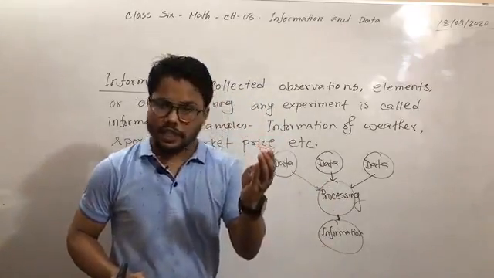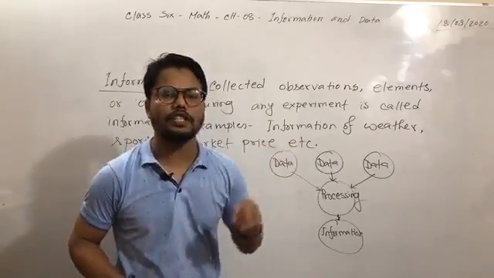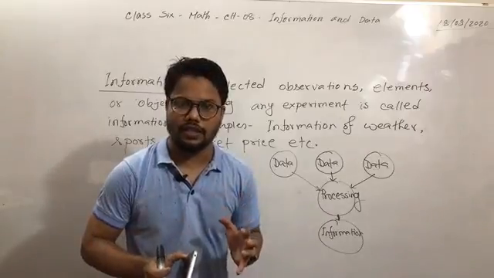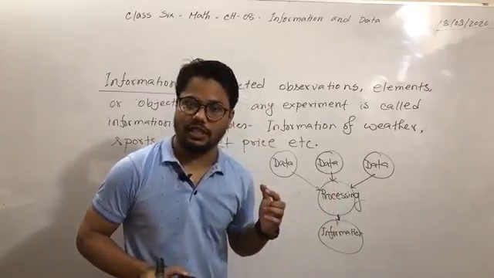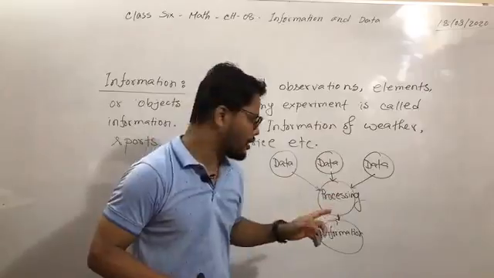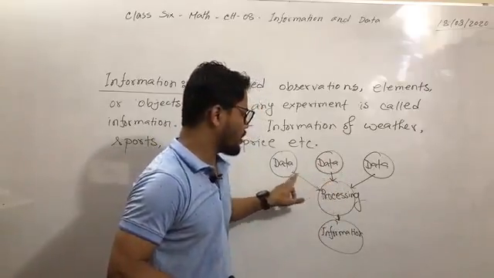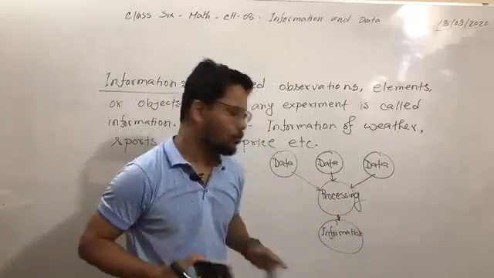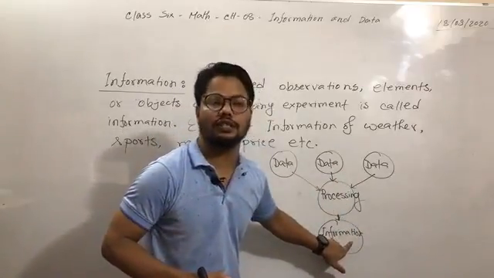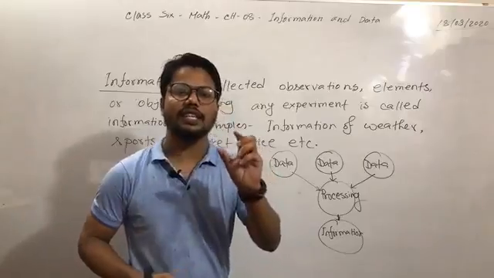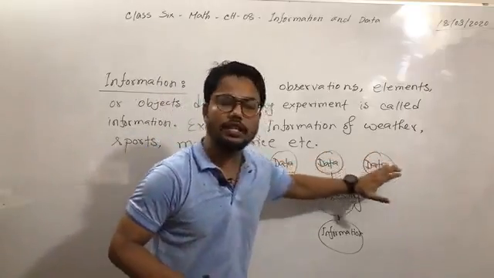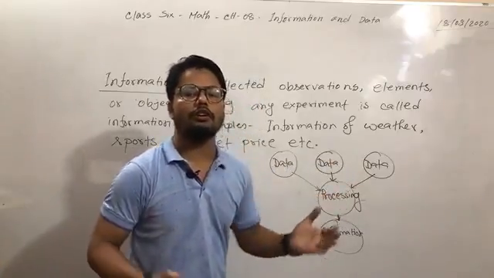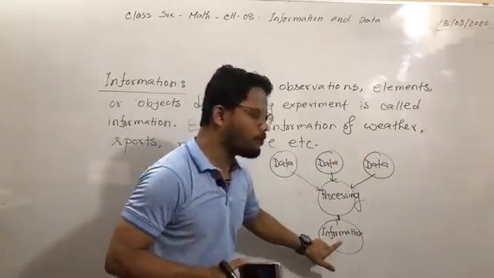Like your mark sheet, each and every student's mark is a data. And after collecting all marks, then we will make a mark sheet. And then including other informations, data, after processing, the final result is a document sheet as the informations. So information basically is not a number, it is the result of processing data. When you process different types of data, overall you will get informations.